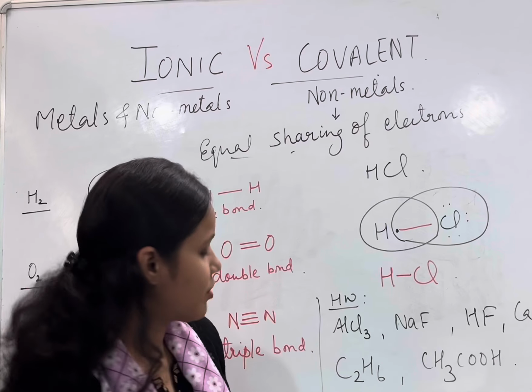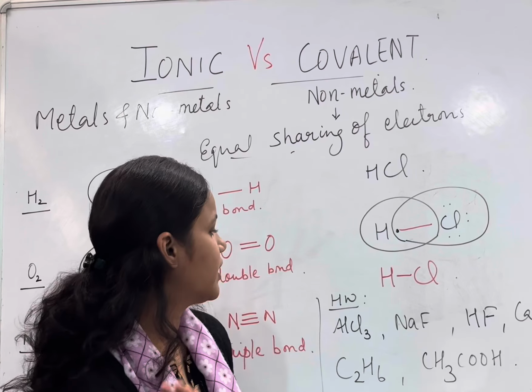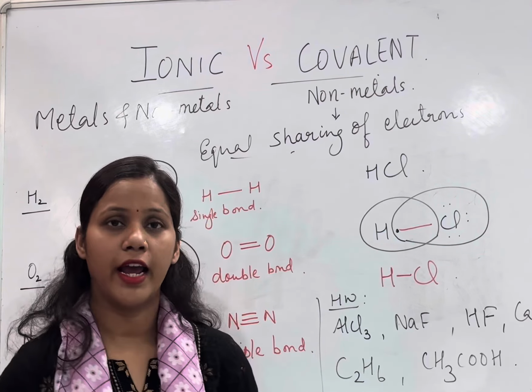Do try to solve this question. You just have to identify whether these compounds are ionic or covalent, and you can share your answer in the comment box. I'll be waiting for your answer.